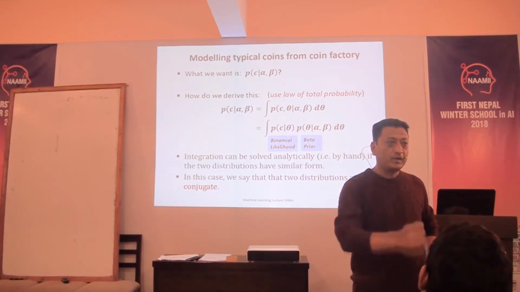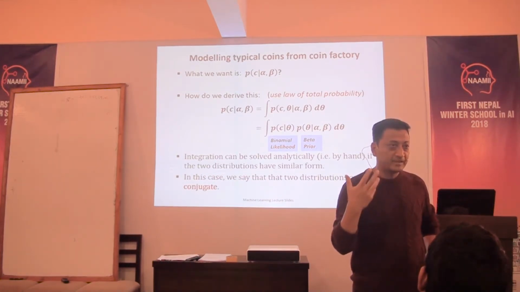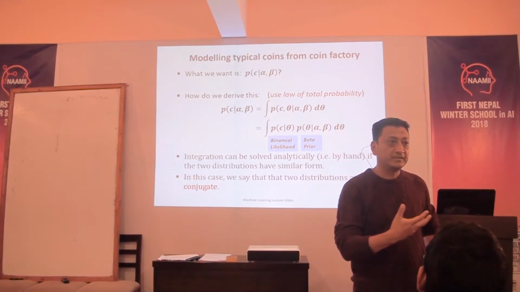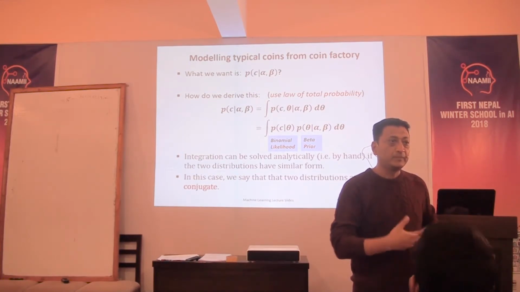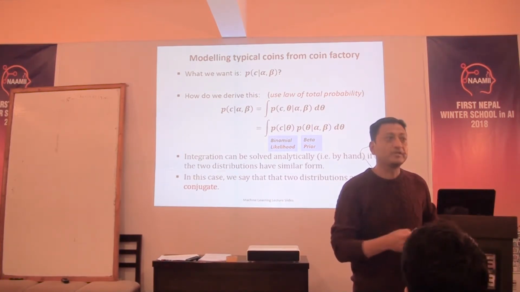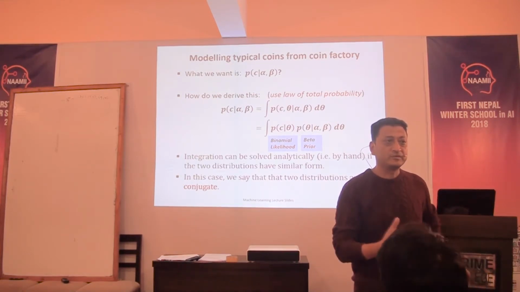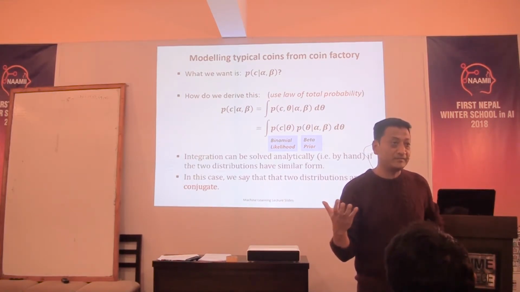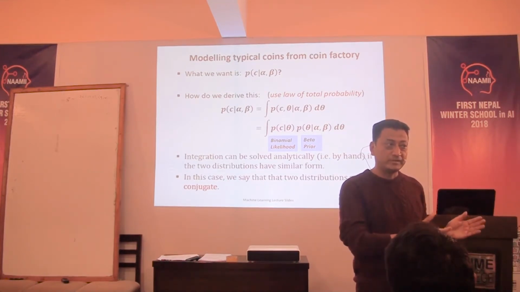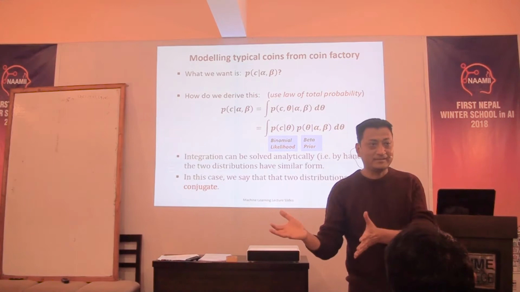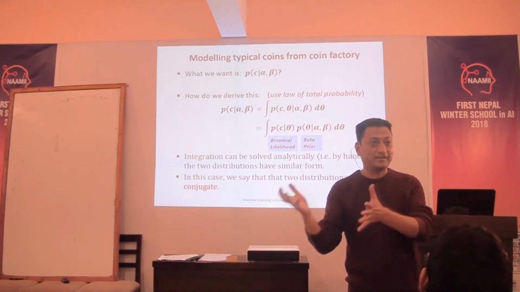Now I throw the coin 100 times, let's say, and I calculate the number of heads and tails. The binomial distribution tells me the probability that I'm going to get 50 heads and 50 tails, let's say, from 100 throws. The binomial distribution gives you the value for all possibilities. Knowing the theta value, it tells you the probability of generating 10 heads and 90 tails, 20 heads and 80 tails, and so on.